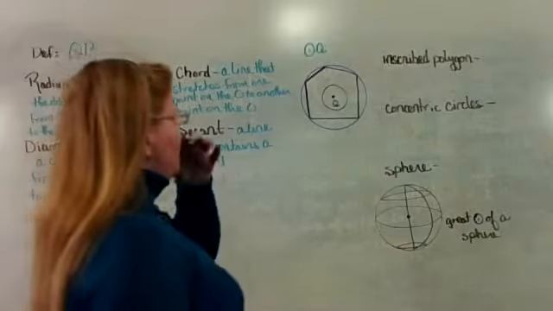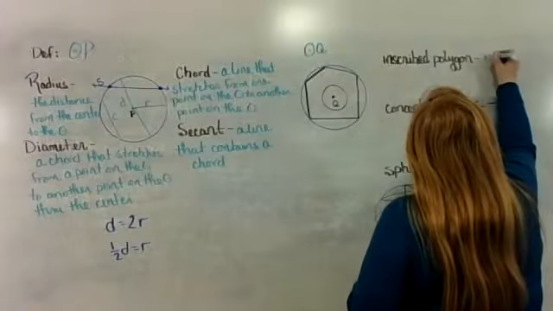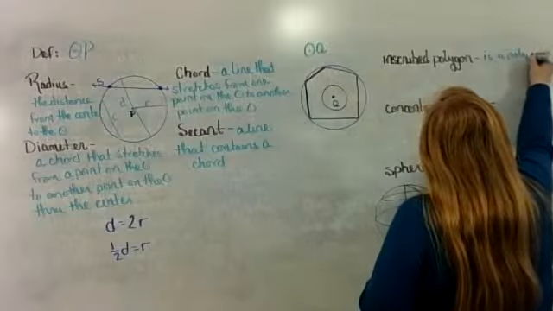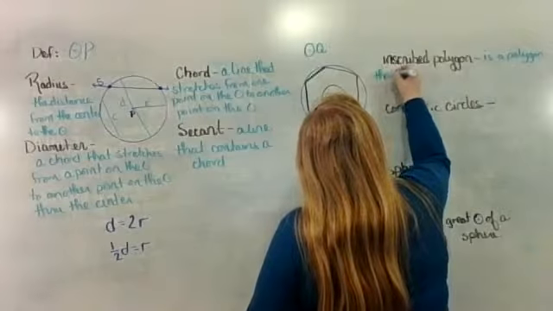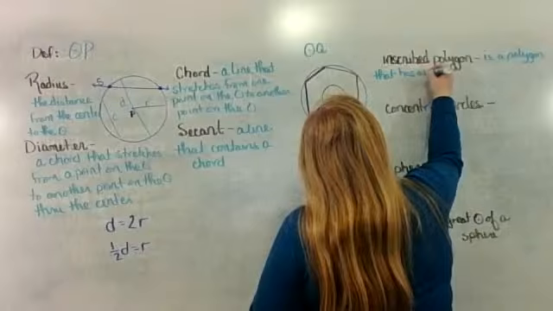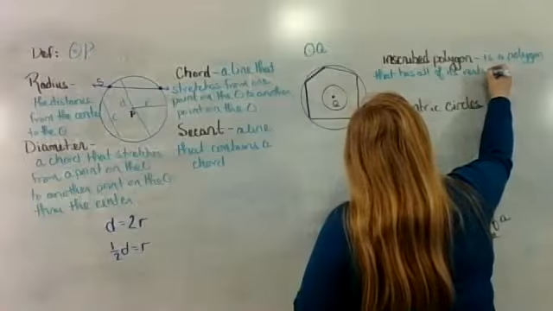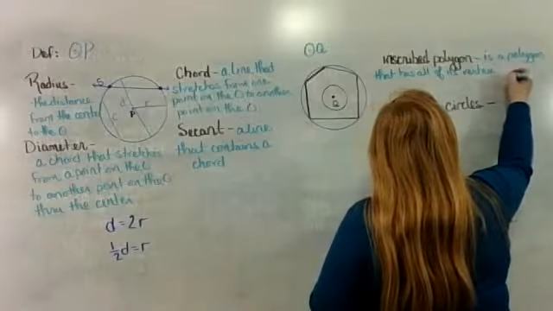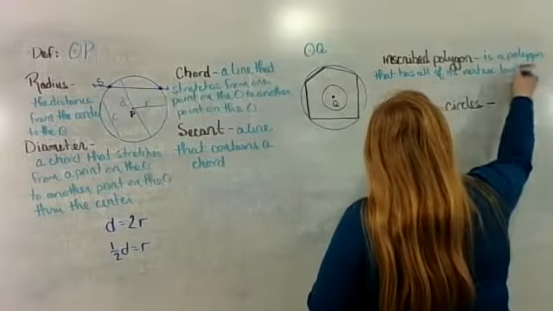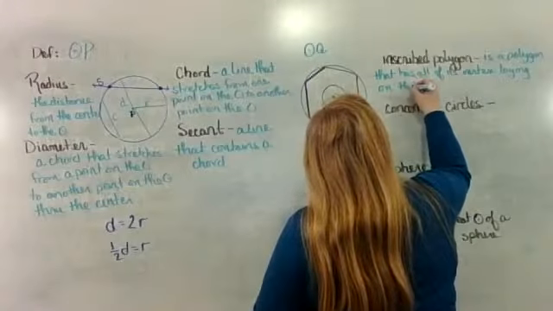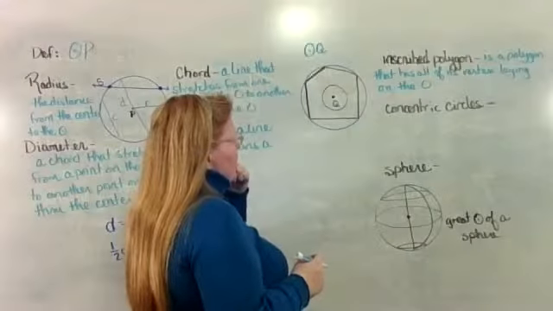For circle Q, an inscribed polygon is a polygon that has all of its vertices laid on the circle.